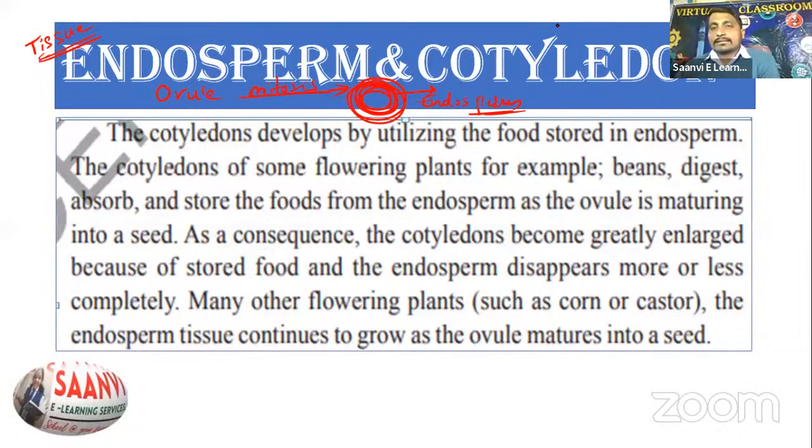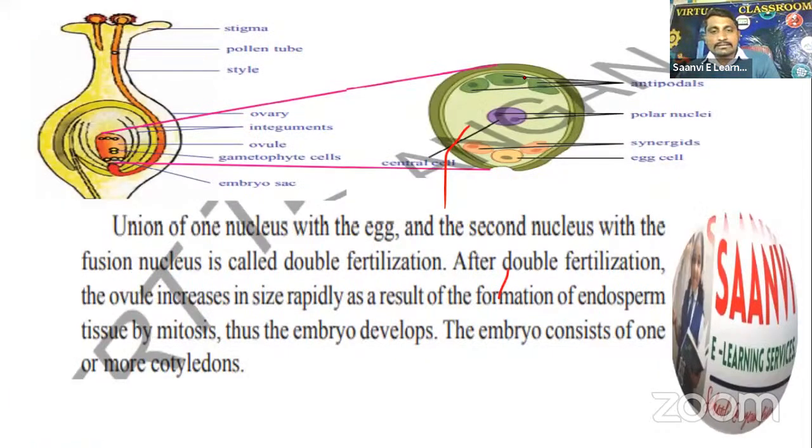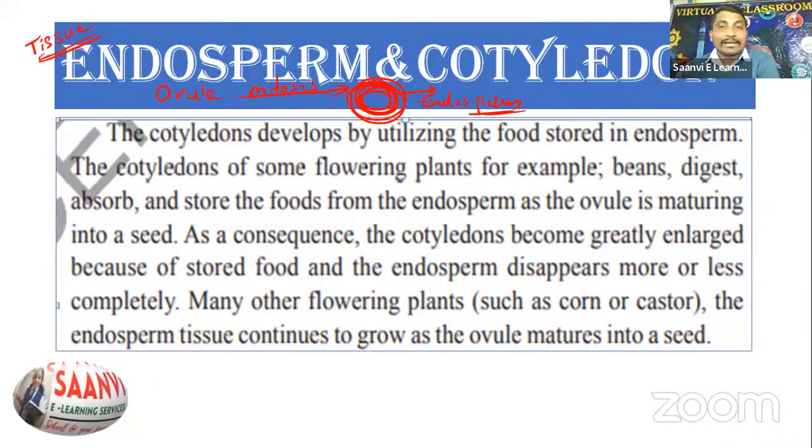See, the embryo consists of one or more cotyledons. What will the embryo consist of? One or more cotyledons.